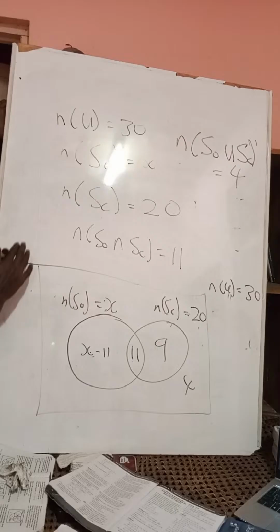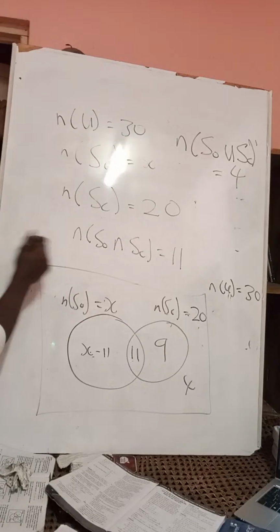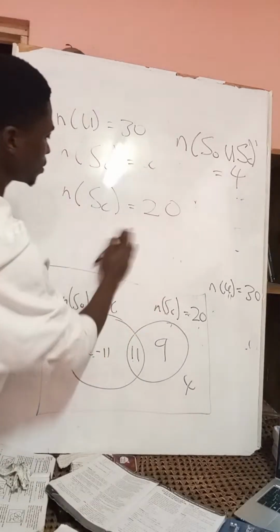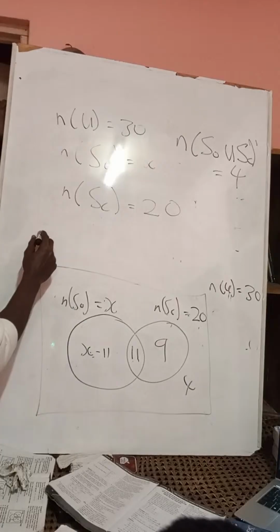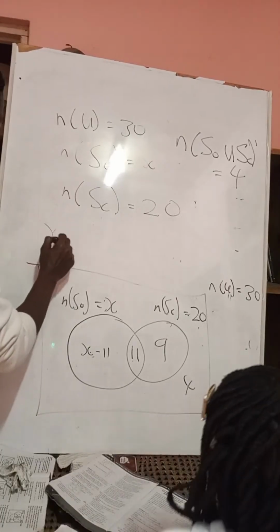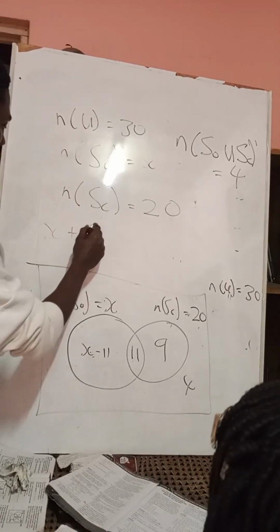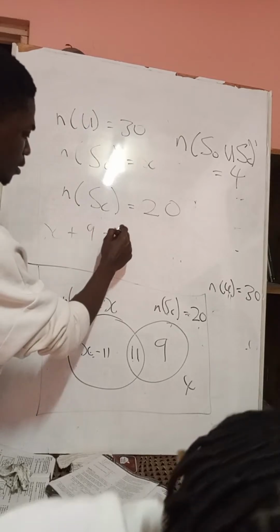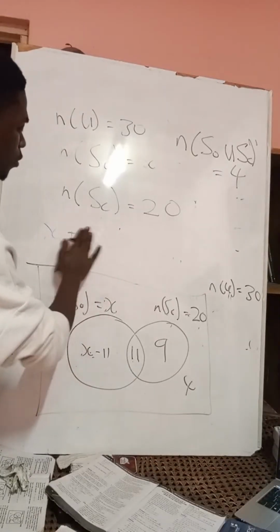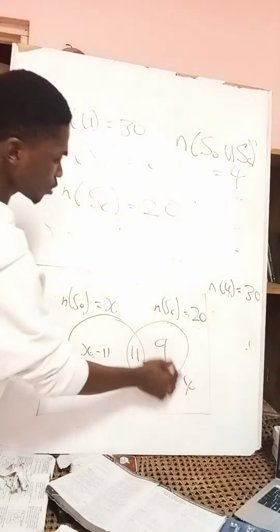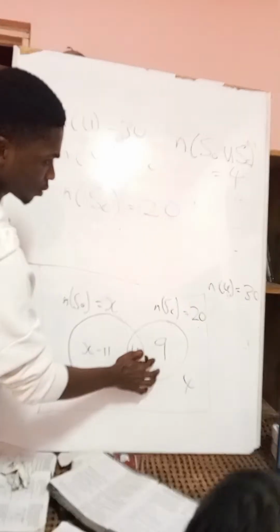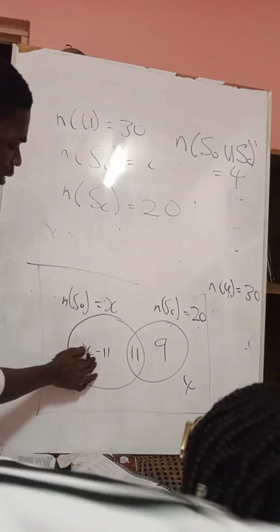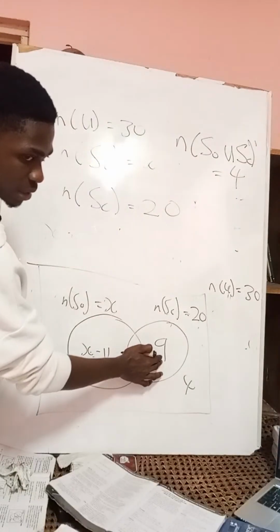Let me erase this one. So you see that all of this one will give us x plus 9 plus 4.